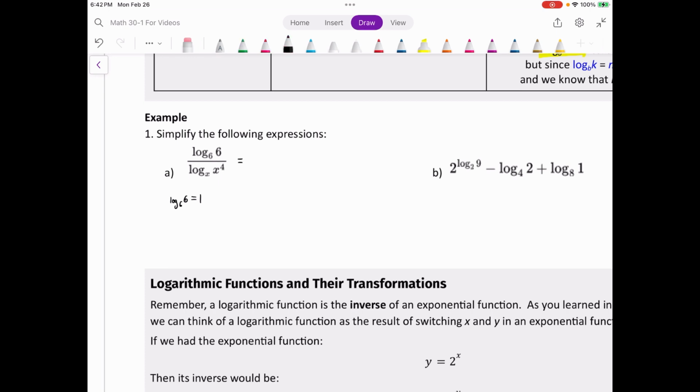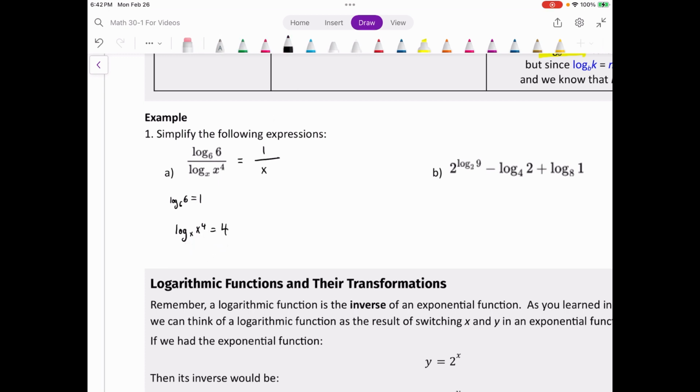So this just equals 1 over, okay, and then look at our denominator. Similar idea, log base x of x to the power of 4. What's that equivalent to? Well, it's whatever exponent we would have to put on x to get x to the 4th. So x to the power of what equals x to the power of 4? 4, right? x to the 4th power equals x to the 4th.